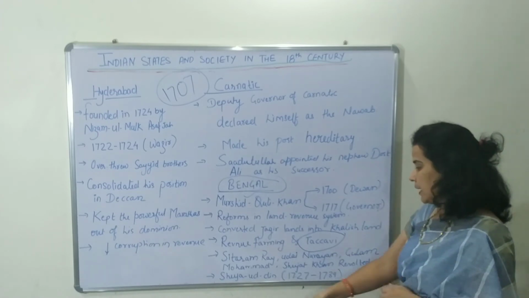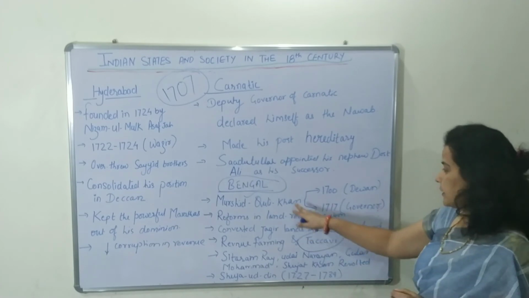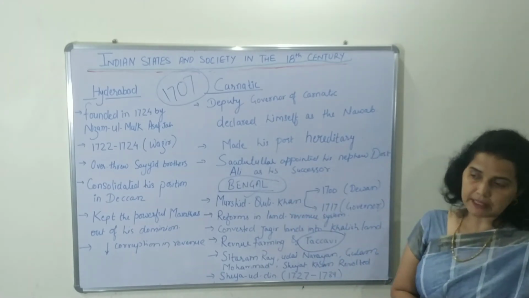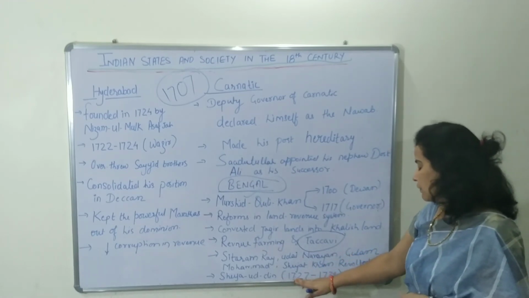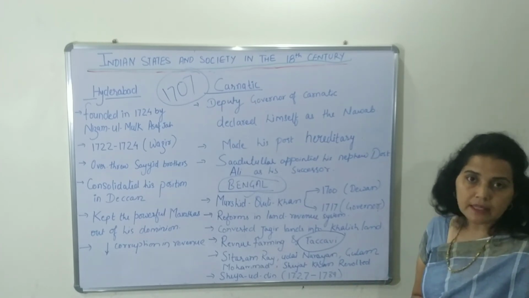After that, his son-in-law Shujauddin, because Murshid Quli Khan died in 1727, and Shujauddin became the ruler of Bengal. That was from 1727 and he ruled till 1739. Is it clear?